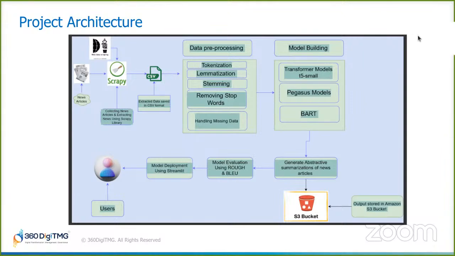So for that we chose this T5 small model, and then the output we stored in the S3 bucket. We use Amazon S3 AWS services to store the output. This is the platform that we have used. For model evaluation, we use the ROUGE and BLEU scores. For model deployment, we have used the Streamlit application.